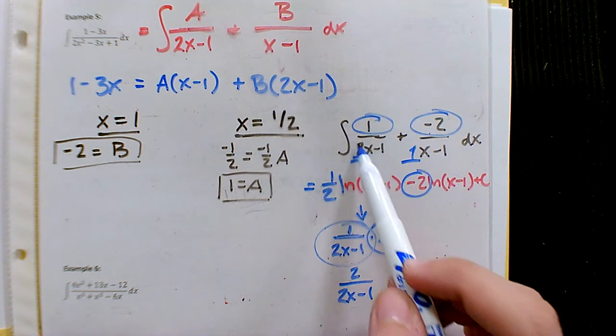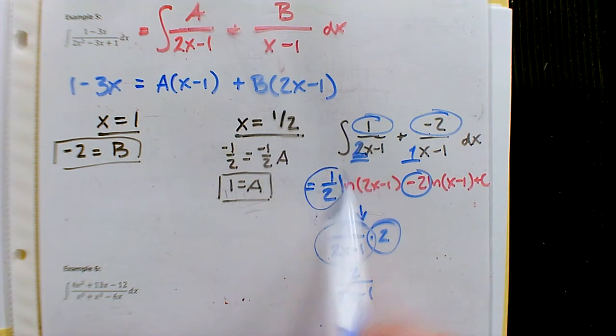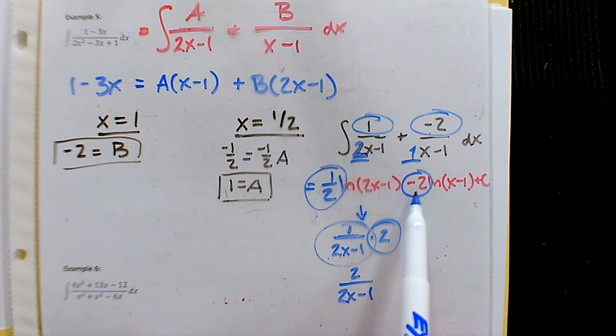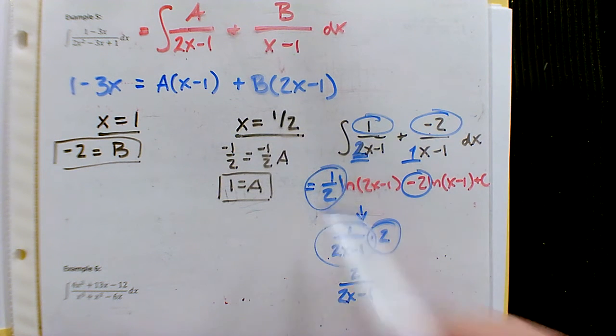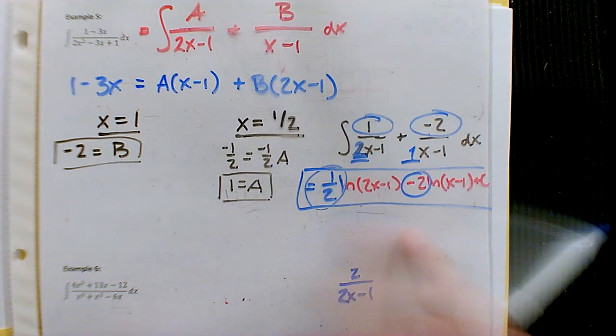It's a little tricky to catch, but if you do have a coefficient on the x in the denominator, that's being included in that coefficient out front. Do you see that? A little tricky, okay? So we would have 1/2 natural log of 2x minus 1 minus 2 natural log of x minus 1 plus C. There's your antiderivative. All right?